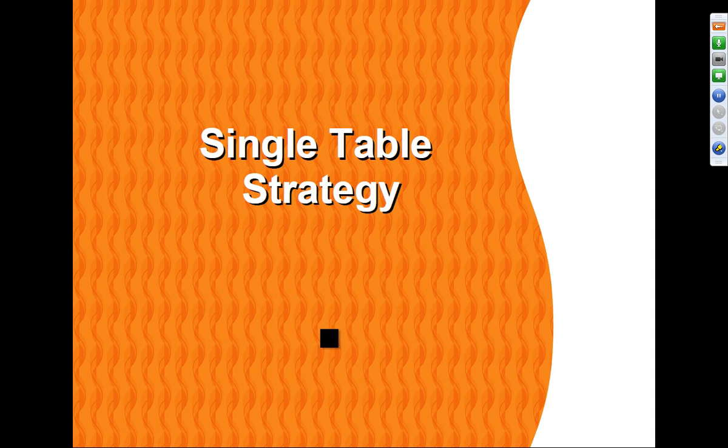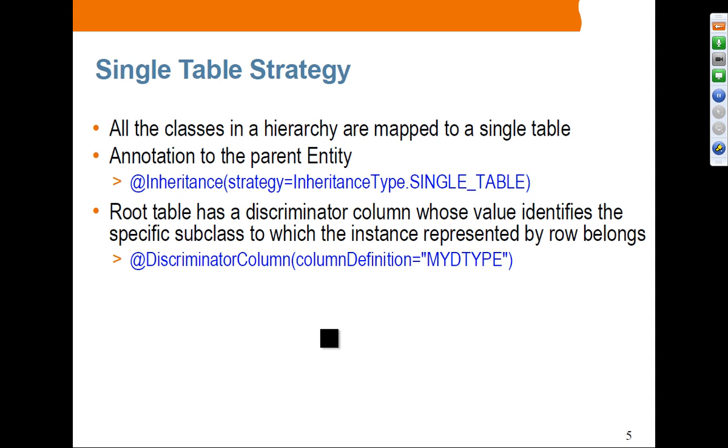So let's talk about the single table strategy. This is the default, by the way. If you don't specify, then the single table strategy will be used. All classes in a hierarchy are mapped to a single table. The annotation that you can use is @Inheritance with strategy InheritanceType.SINGLE_TABLE.